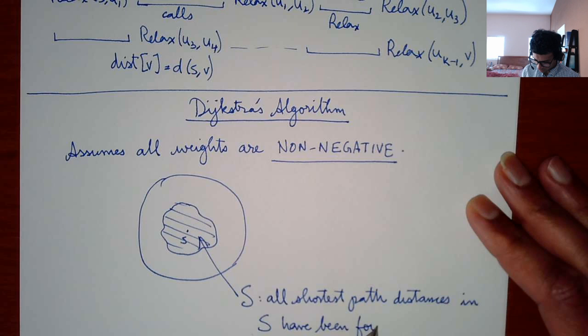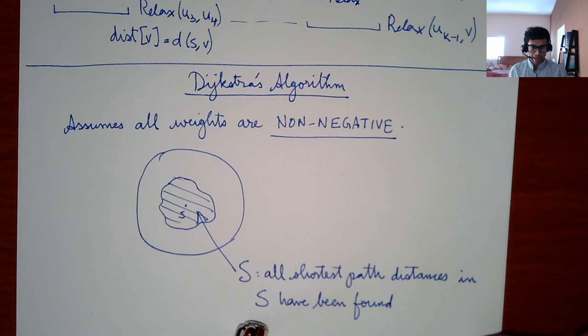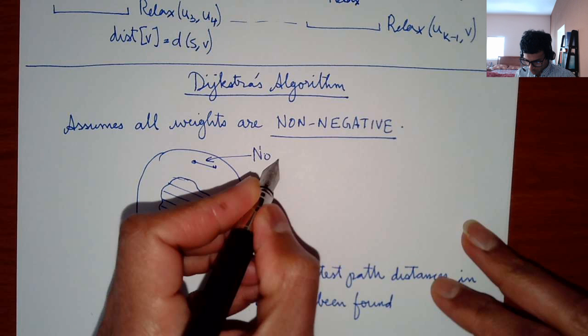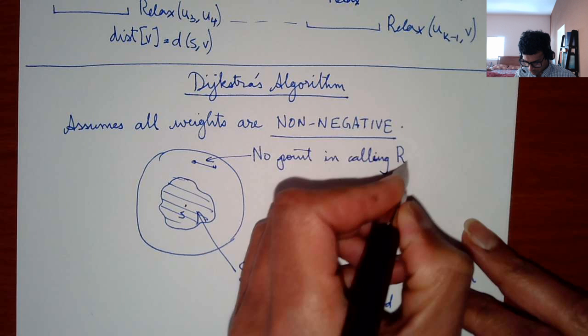So let's say that you're at a stage where there's some set of vertices where all the shortest path distances to those vertices have been found. Initially, capital S is just the singleton vertex little s. So what it says is, if you look at an edge that's out here, there's no point in calling a relax operation on an edge that is so far away.